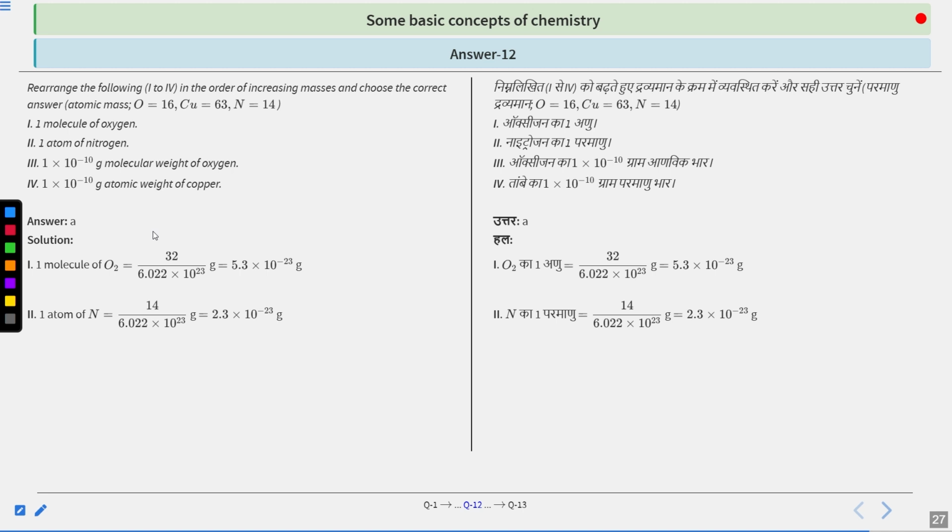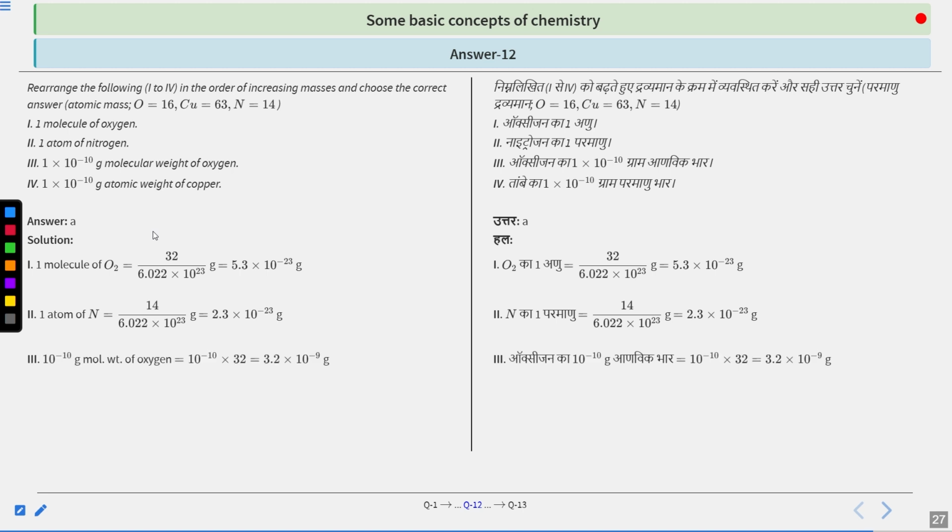Option 2, 1 atom of nitrogen. Now, again it will be 14 by 6.022 into 10 to the power 23. In this case, we have not a molecule but an atom. So for 14 grams, we have Na number of atoms, and for one atom, we have 14 by Na, that is 2.3 into 10 to the power minus 23 gram.